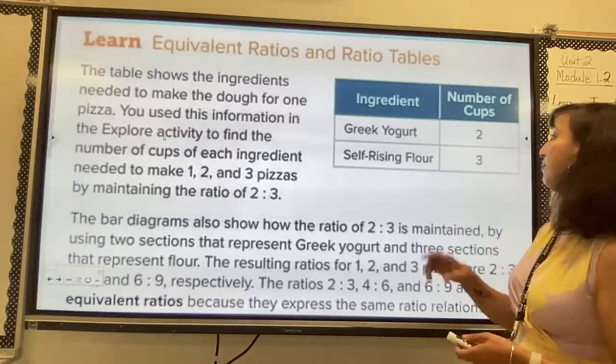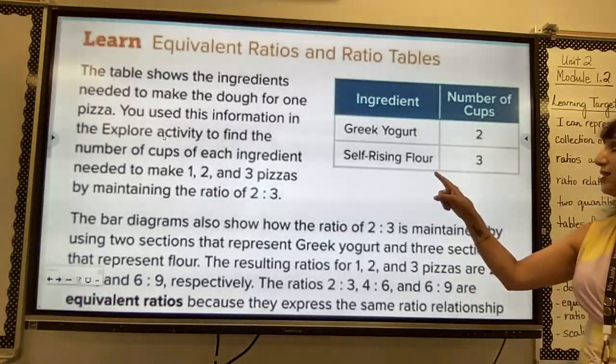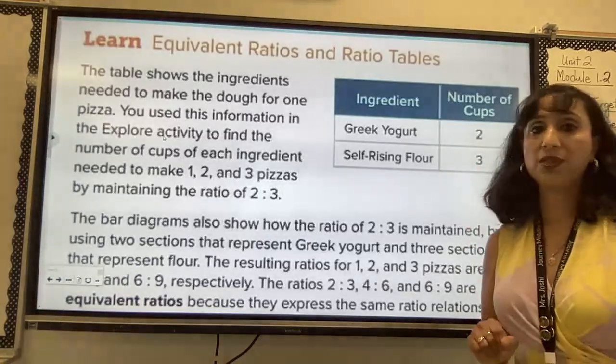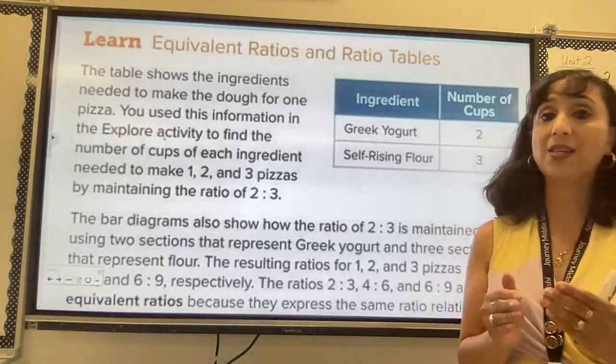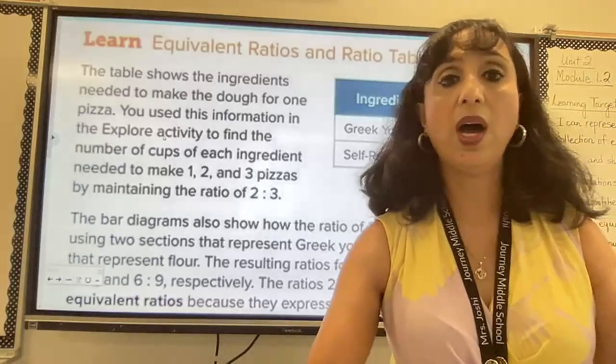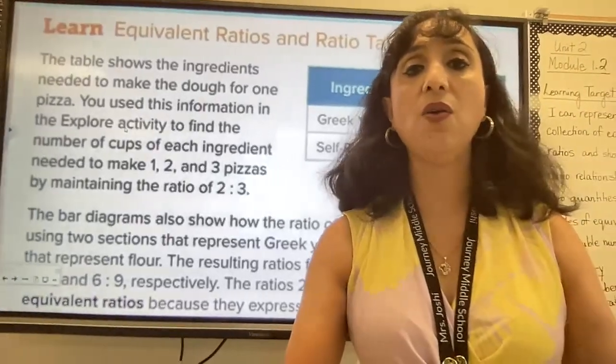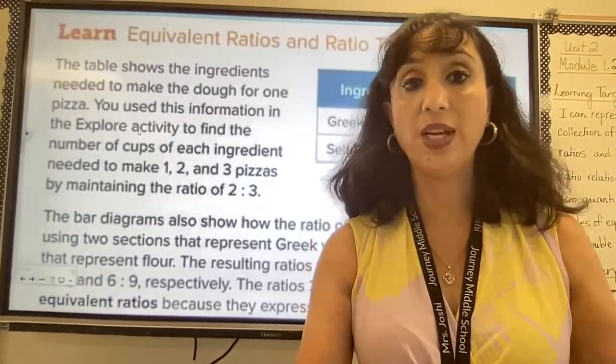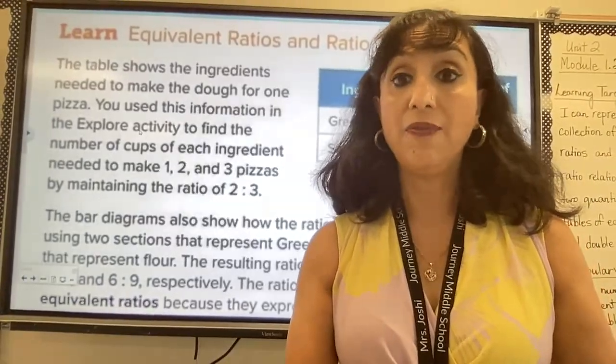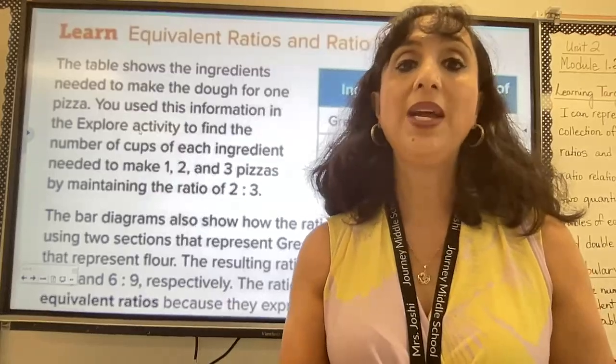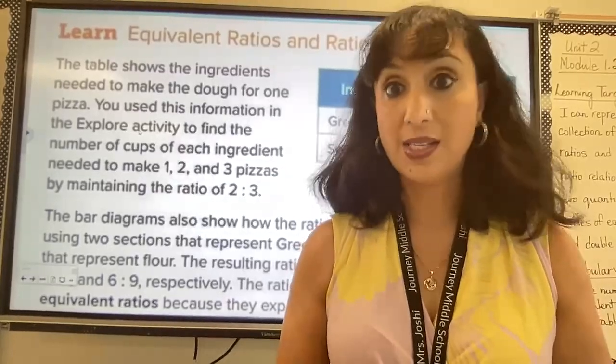We need 2 cups of that. And we have the self-rising flour, which is 3 cups of that. And this makes one pizza. So we want to see how much of the ratio of 2 to 3 needs to be maintained when we are making 1 pizza, 2 pizzas, and 3 pizzas.